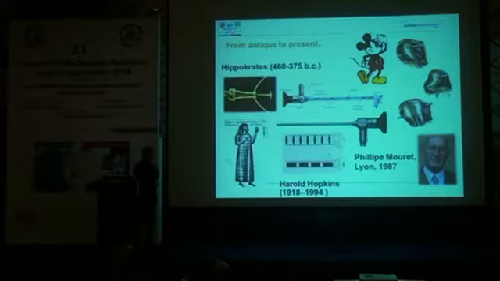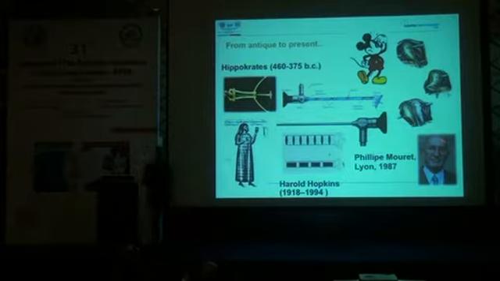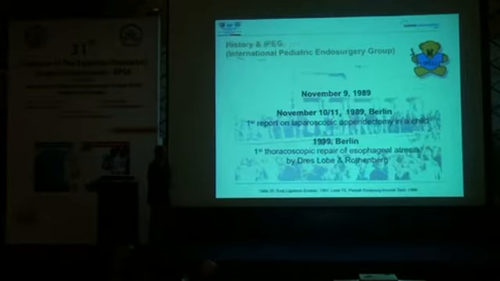In 1953, the last century, was a major invention. And then Philippe Mouret started doing the first laparoscopic cholecystectomy. And at that time, very remarkably, the German Society of Surgery considered this to be Mickey Mouse surgery, so they would never do it. So no doubt that they will eat their hats today.